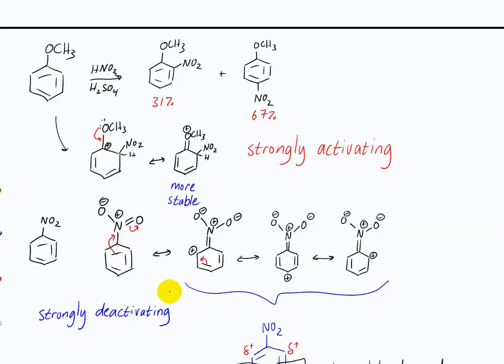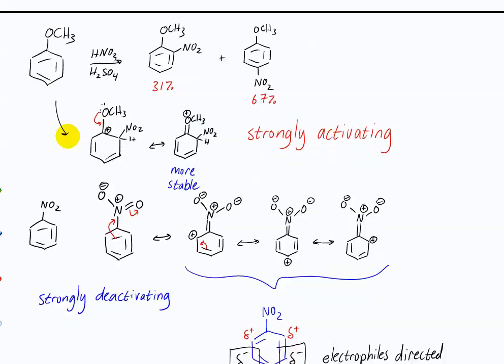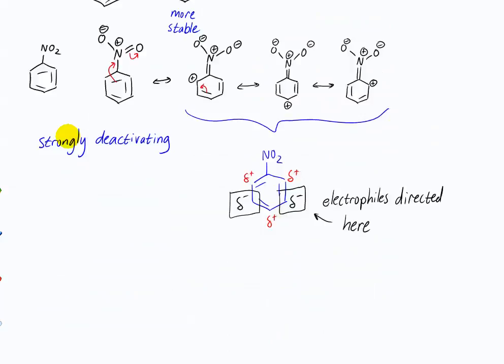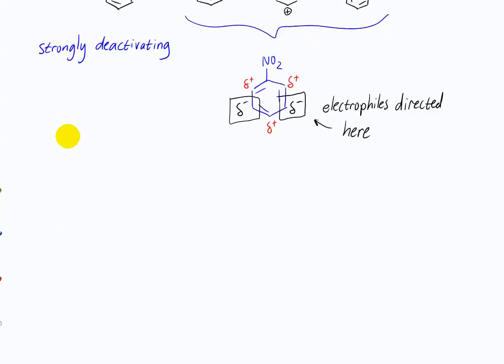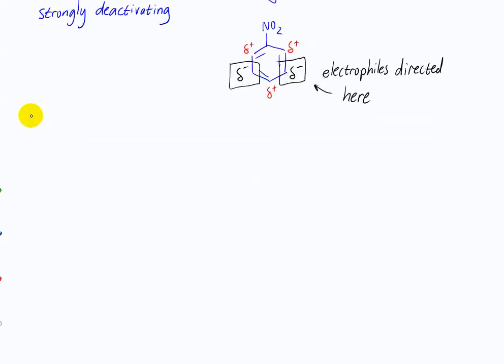All right. And then we looked at how something like a methoxy group is strongly activating because of the lone pairs that it puts in the ring. And we looked at how something like a nitro group is strongly deactivating in the way that it pulls electron density out of the ring. So here's a question then, kind of summing this up.